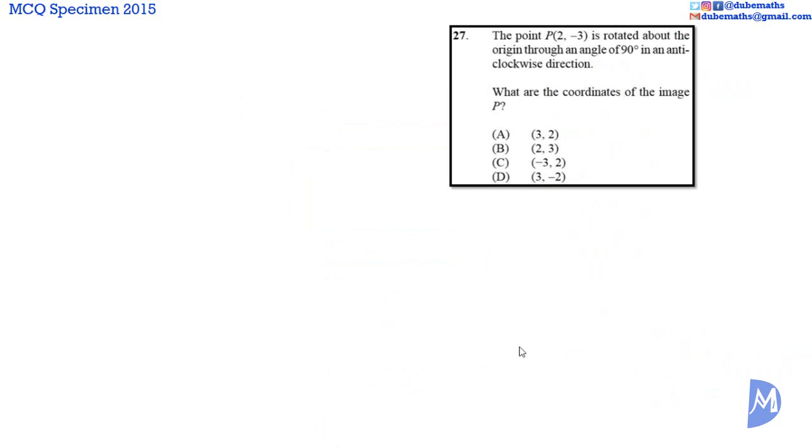Question 27. The point P 2, -3 is rotated about the origin through an angle of 90 degrees. So the image is approximately here, 90 degrees. It is rotated about the origin 90 degrees anti-clockwise. So we see that the answer here is somewhere in the region where both x is positive and y is positive.